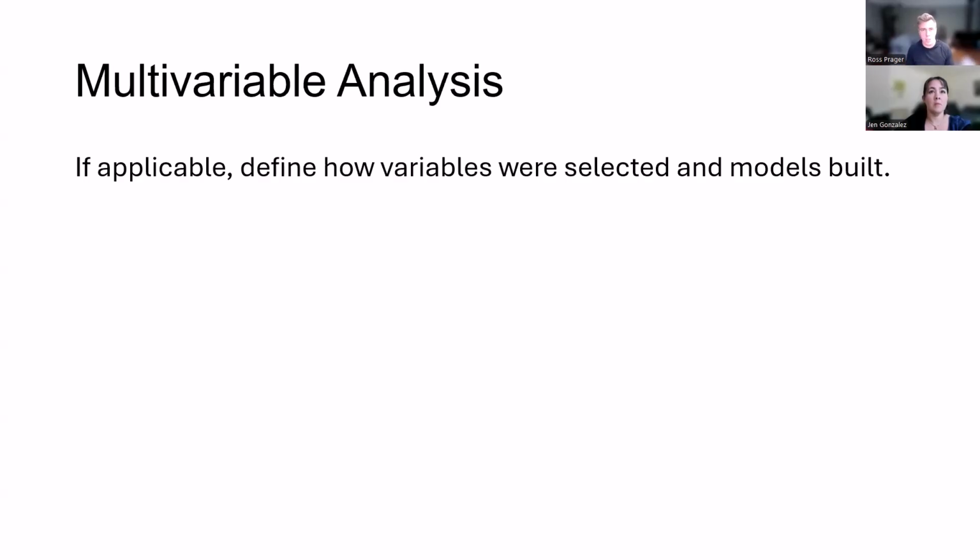Just because there's a strong association doesn't mean the variable should be included in the multivariable analysis. And also, you might have variables that are very much collinear, which means that maybe patients develop renal failure and heart failure, and it's actually the same process that leads to both of them. So including them both in your analysis might actually cancel things out.